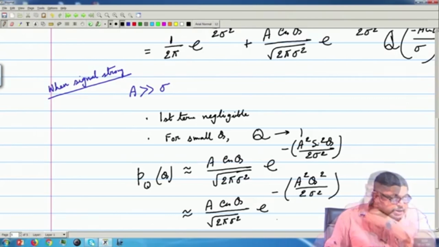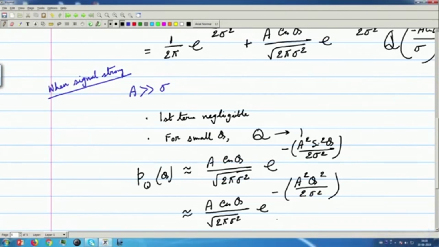So, as can be seen, it is something like Gaussian with mean equal to 0 and variance sigma square by A square. So, this is a Gaussian type of thing.